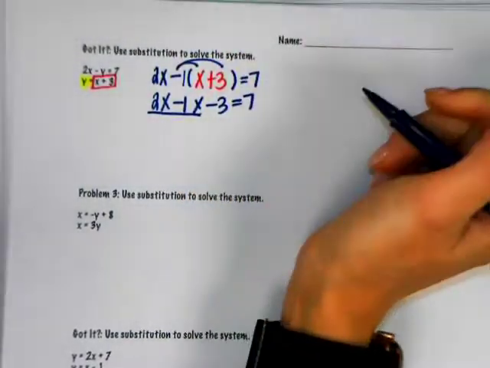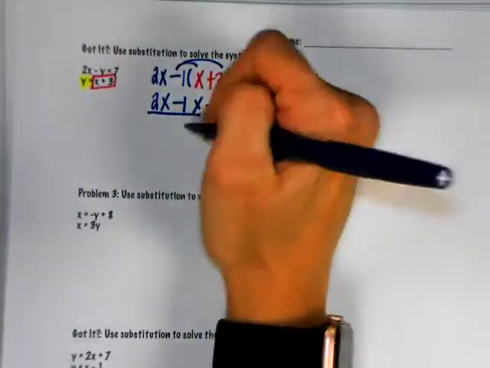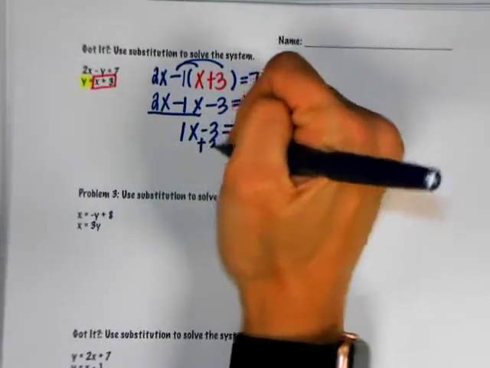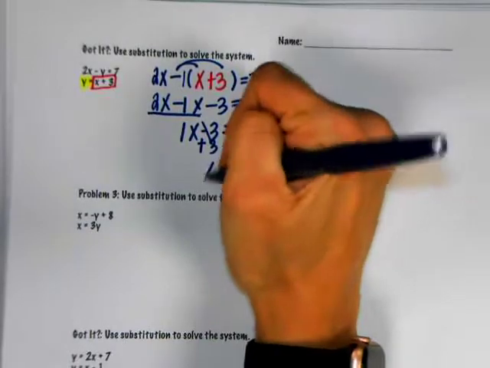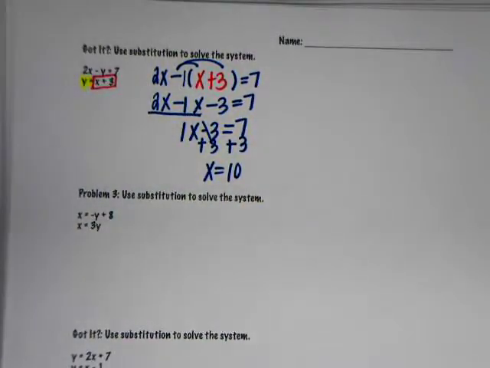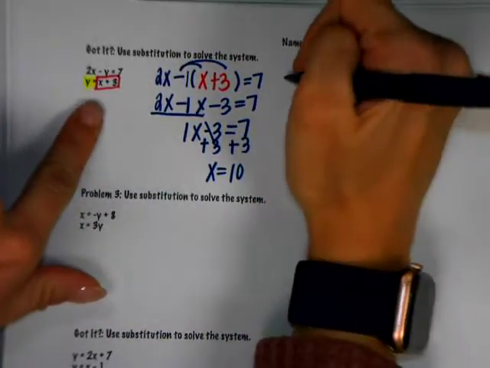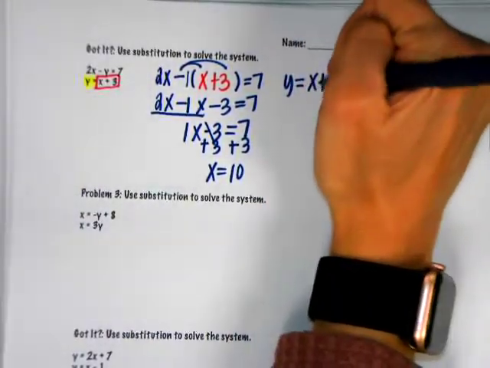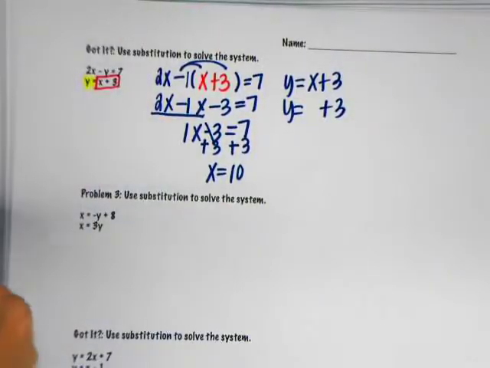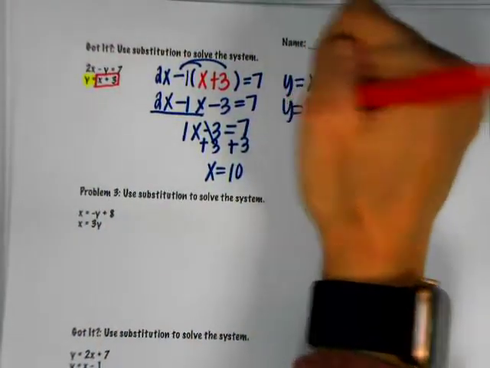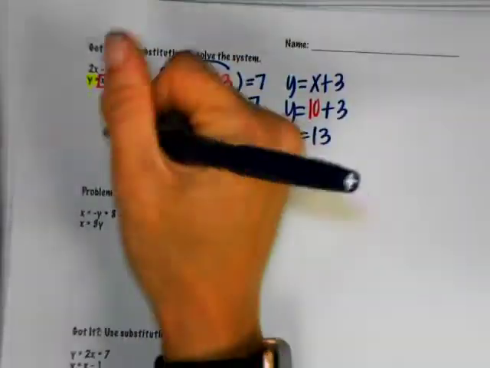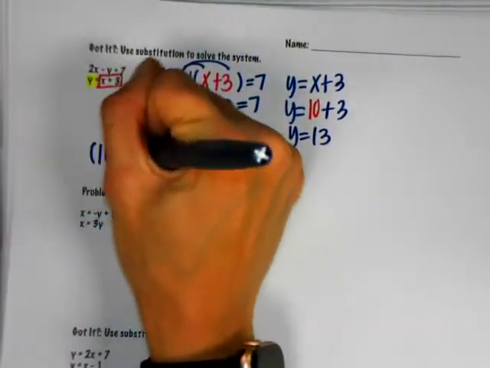Combine like terms, 2x minus 1x is just 1x, or just x. Then all you have to do is add 3. x equals 10. Then I'm going to use the bottom one here. y equals x plus 3. x is now 10. So y equals 13. So your solution is 10, 13.